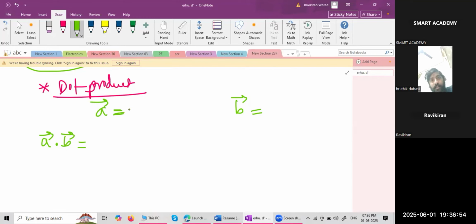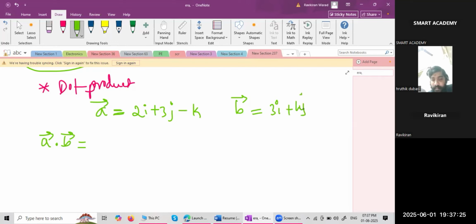Vector A is 2i cap plus j plus k, and vector B is 3i plus 4j plus 2k.